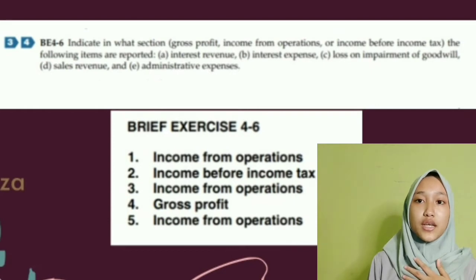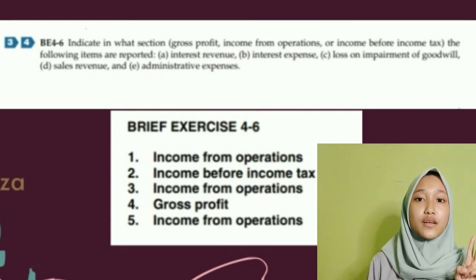And in my opinion, the answer is A. Income from operation, and B. Income from income tax, and C. Income from operation, and D. Gross profit, and E. Income from operation.